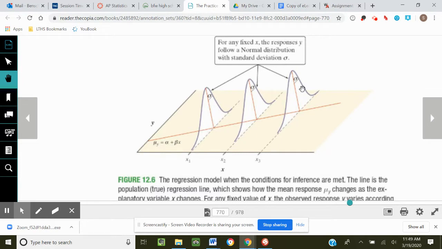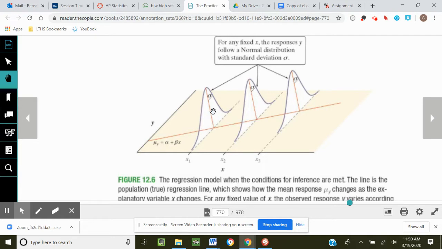So the standard deviation is the same for each of these normal distributions. All right, so really along this population line of best fit, you just have a series for each X value of normal distributions with the same standard deviation, different means obviously because these values are going up here, but the spread should be about the same for each X value. All right. And then, like I said, normal distributions for each.